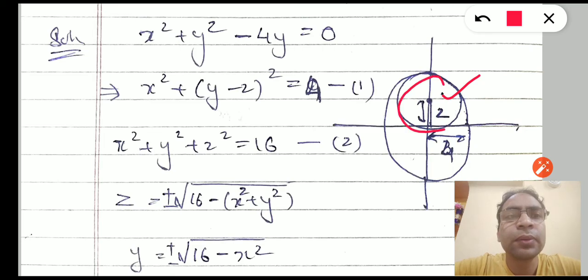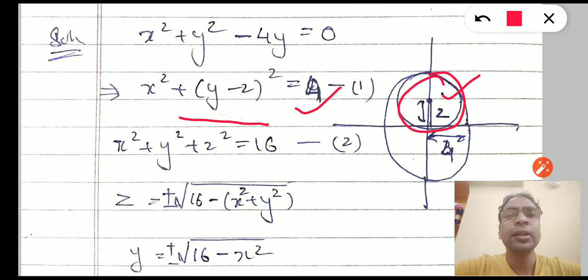This will be the cylinder because it is 2 units above the origin on the positive y-axis, and the radius of the circle is 2. So this is the equation of the cylinder, but the equation represents the top circle of the cylinder.